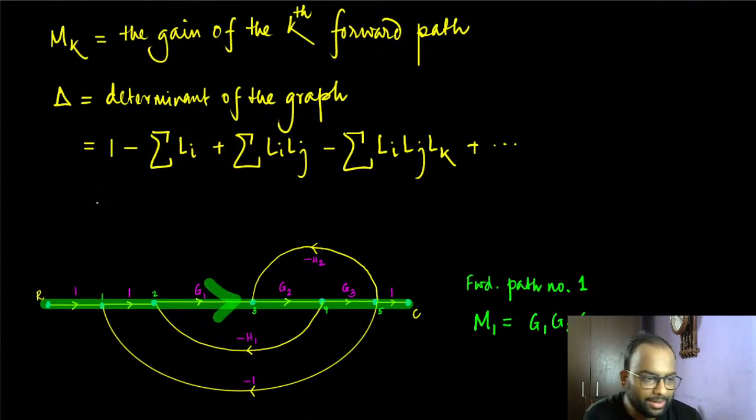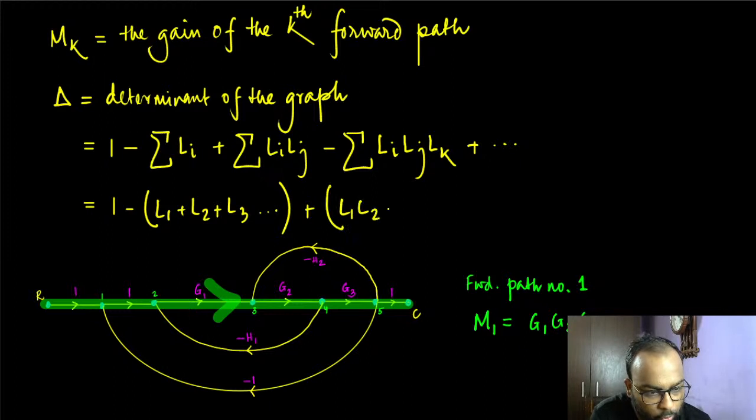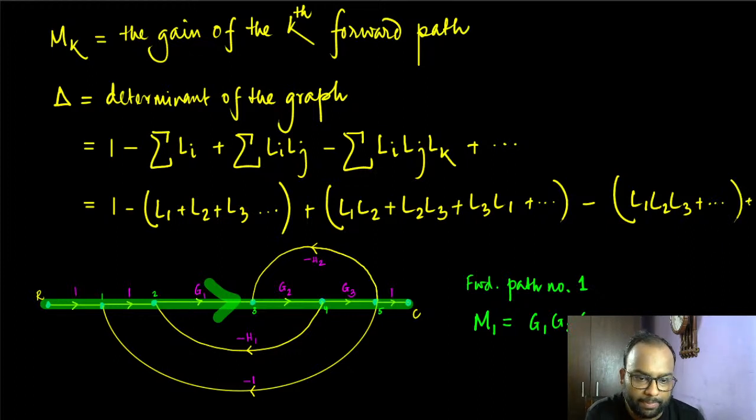What does it mean? It means this: 1 minus L1 plus L2 plus L3 and so on, plus L1 L2 plus L2 L3 plus L3 L1 and so on, minus triplets like L1 L2 L3, plus whatever similar, and plus dot dot dot.